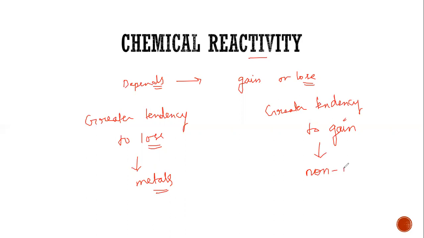We have just read about the metallic and the non-metallic character, and we know about this. Now we will see the trends in chemical reactivity. First of all, when we are moving across the period, we have sodium, magnesium, aluminium, silicon, phosphorus, sulfur, and chlorine.